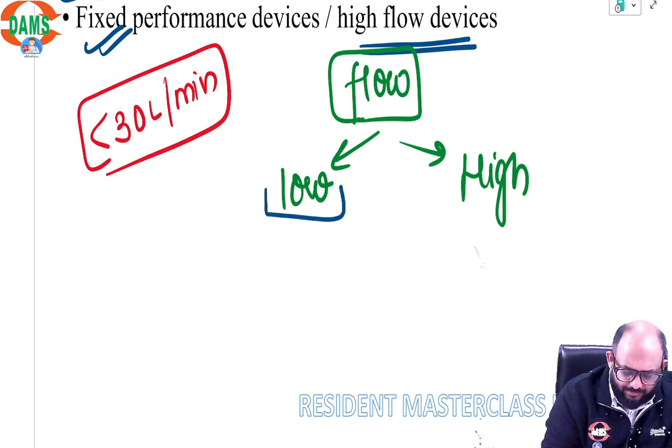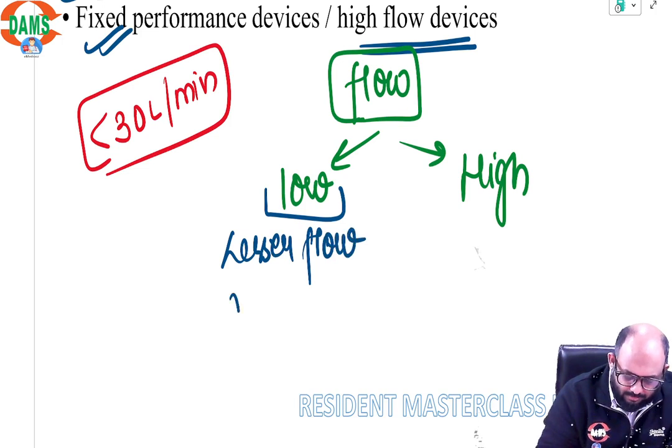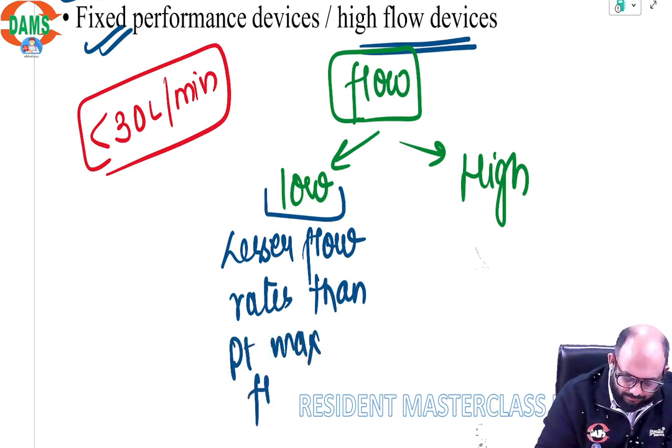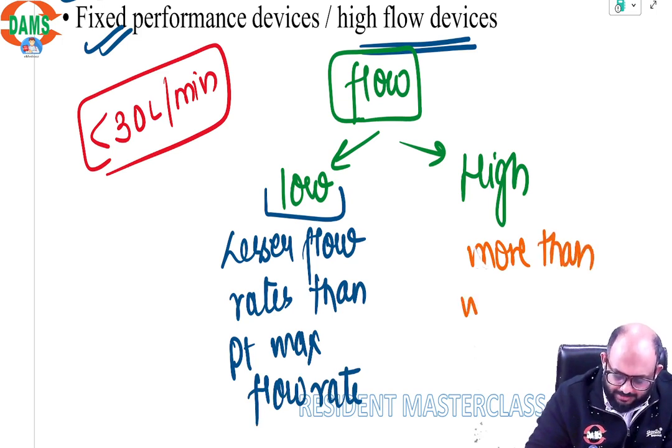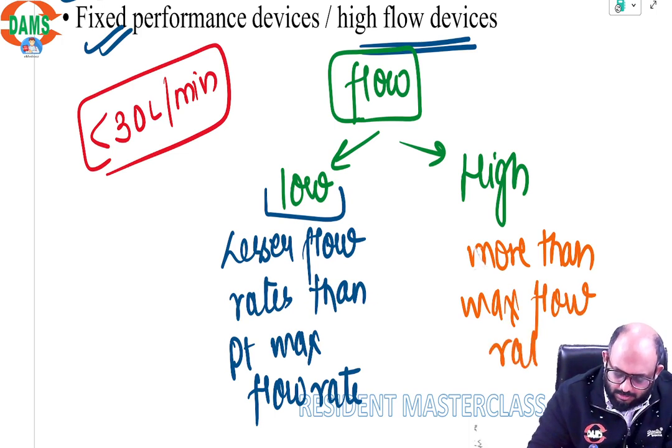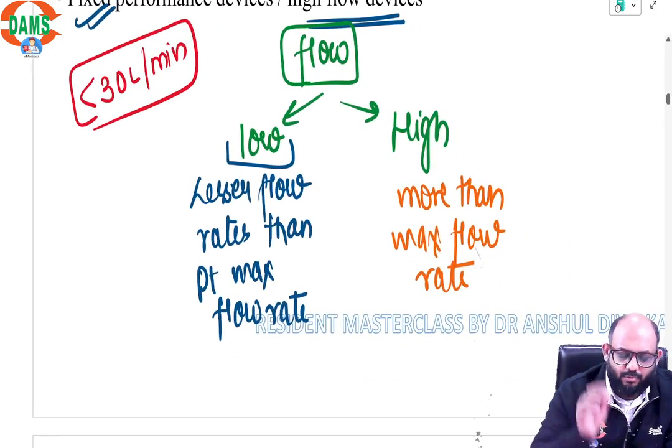So, low flow devices are those which require lesser flow rates than the patient's maximum flow rate, and one that requires more than the maximum flow rate is a high flow device.